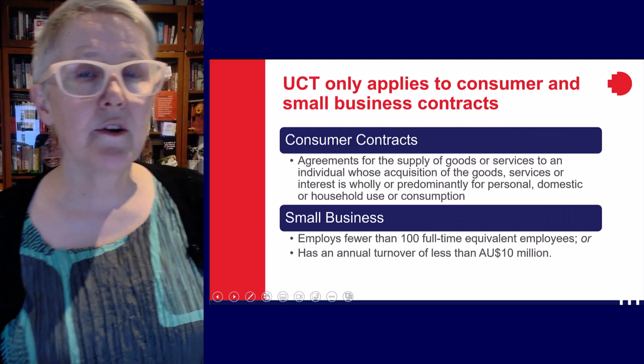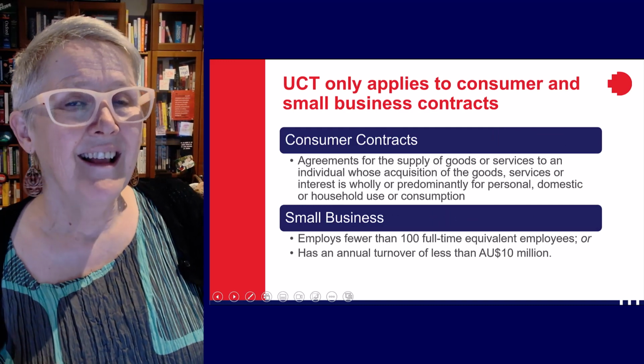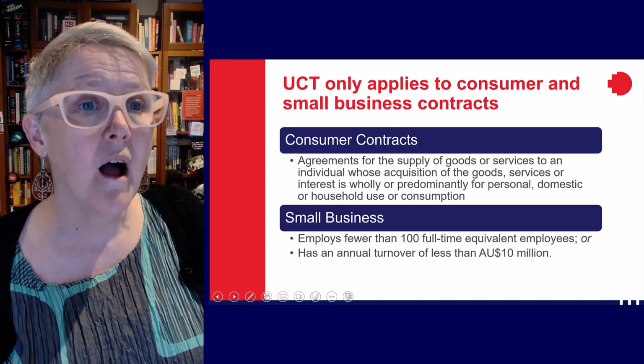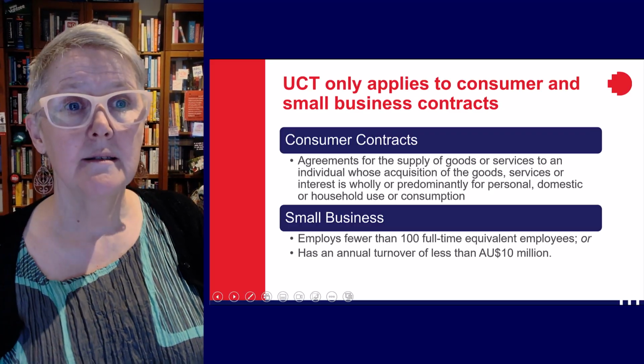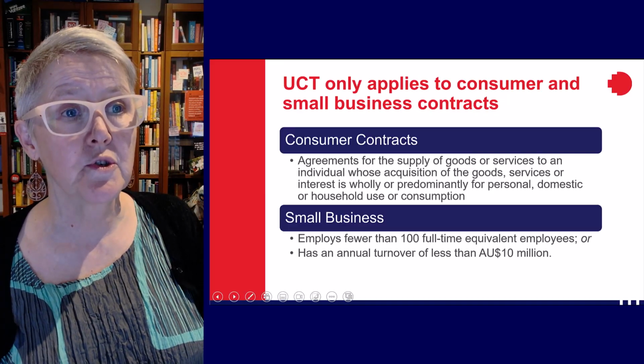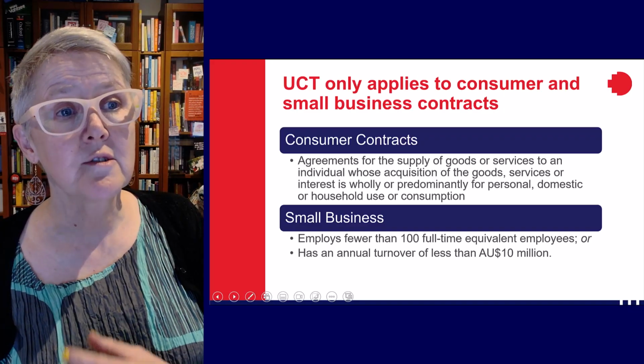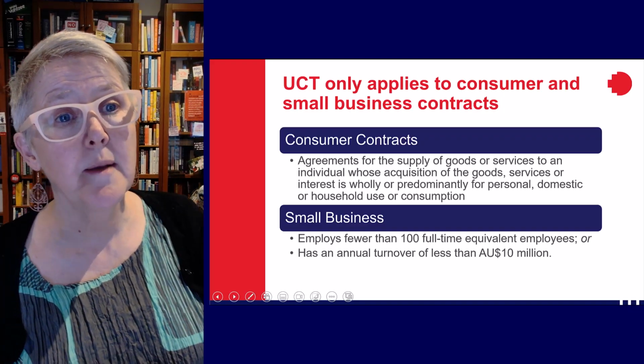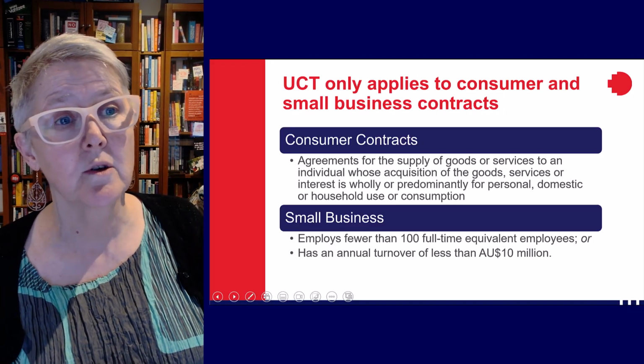The next step is actually, does this contract apply to a business, so a small business contract, or to a consumer? So this unfair contracts regime only applies to consumer and to small business contracts.